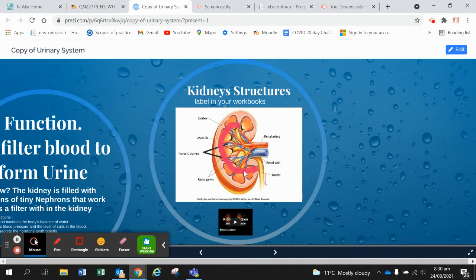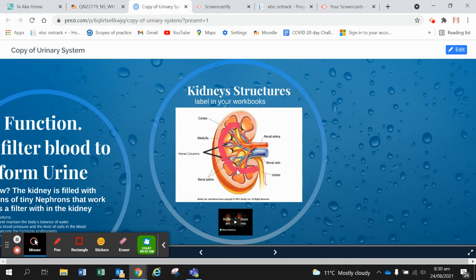Now, where this pink line is, all your renal pyramids and columns together in the middle area is called your renal medulla. The middle area. So it's not one particular thing, it's the whole area, the renal medulla.